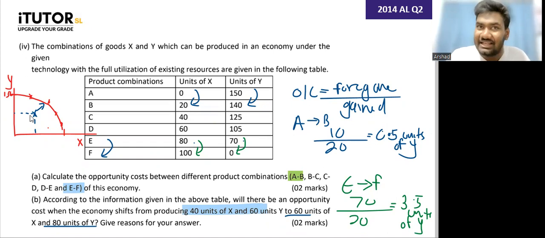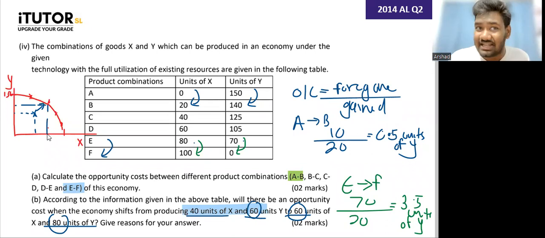You don't even have to draw the diagram. Just see, you were producing 40 X, 60 Y. X is increasing, 40 units of X is becoming 60 units of X. 60 units of Y is becoming 80 units of Y. So you're increasing X and Y both.